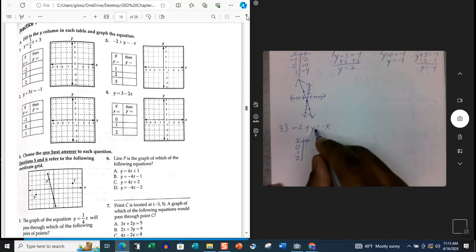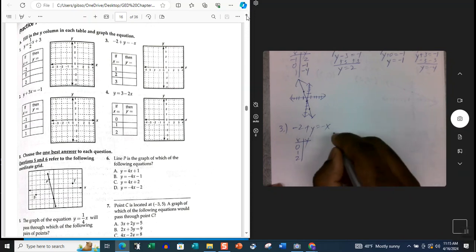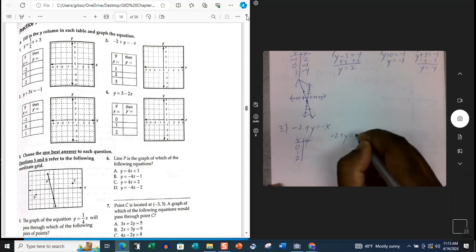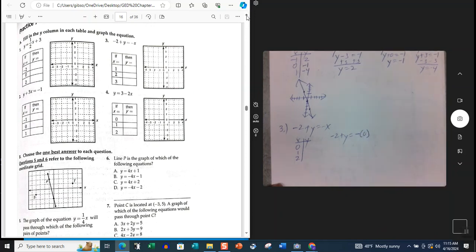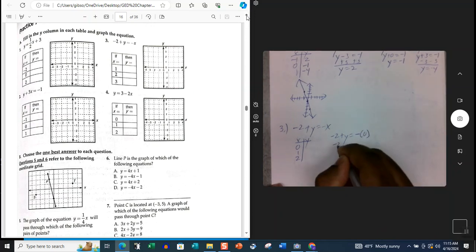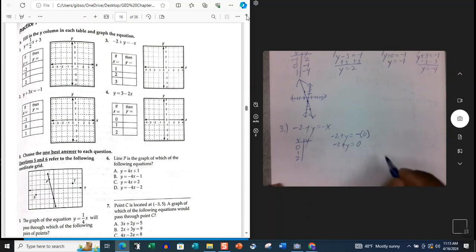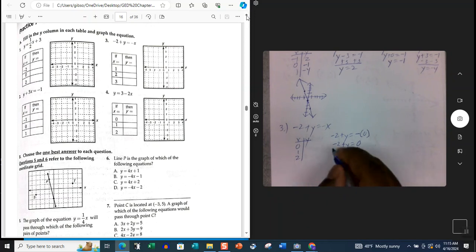So now we substitute in these values for x. So we have -2 plus y equals negative, and we'll make x 0 here. So we have -2 plus y equals 0, because we know the opposite of 0 is still just 0. So we add 2 on both sides, and y equals 2.